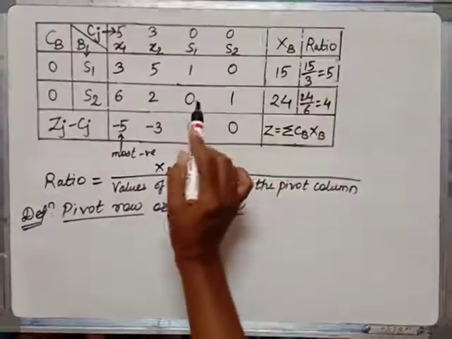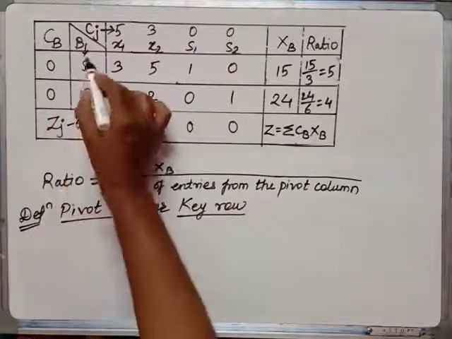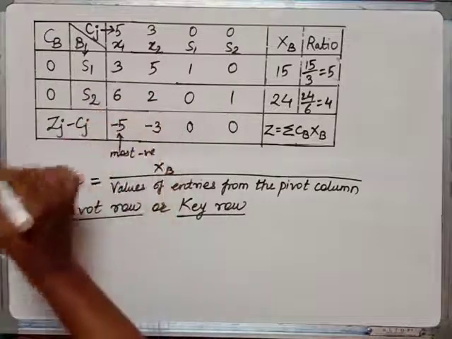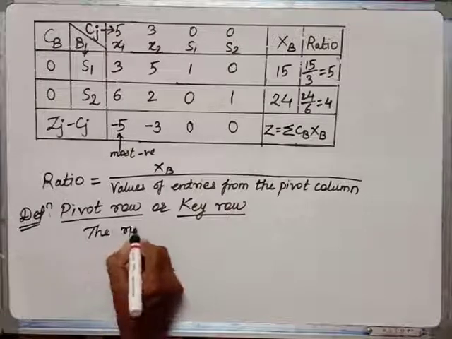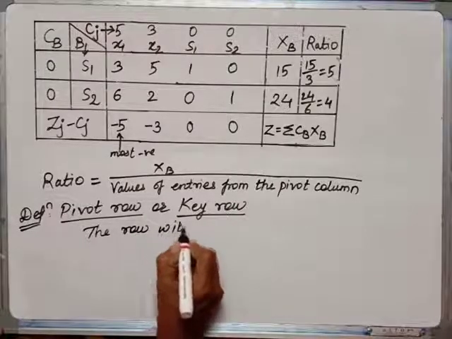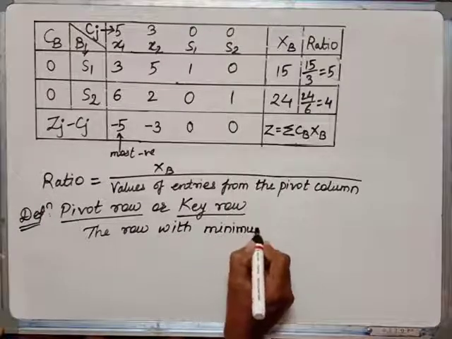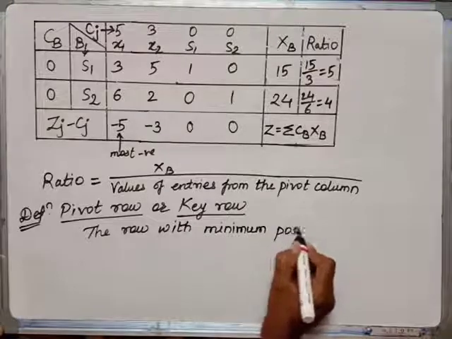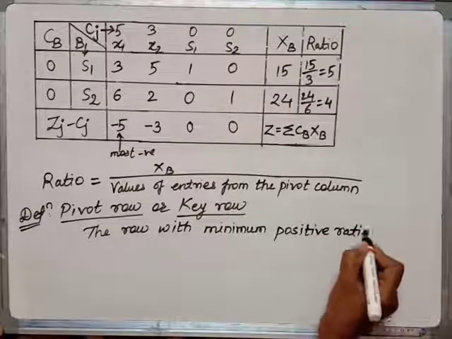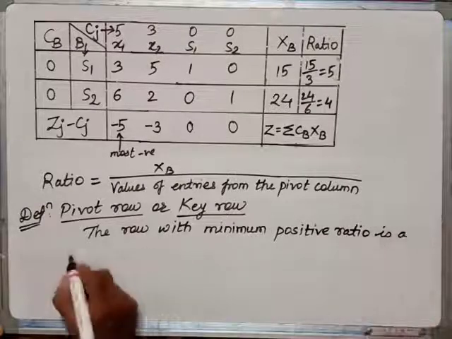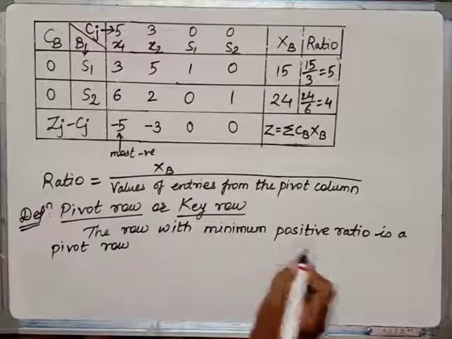For that we will get pivot row, so that we can conclude at which place it will enter, means which among s1 and s2 wants to leave the basis. So the row with minimum positive ratio is a pivot row. A row with minimum positive ratio is a pivot row.